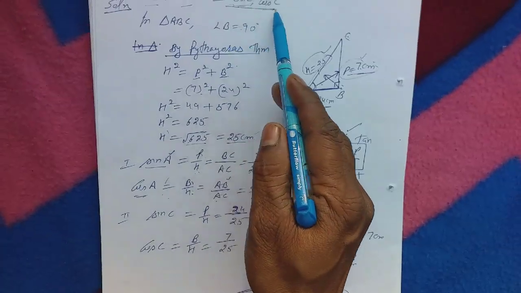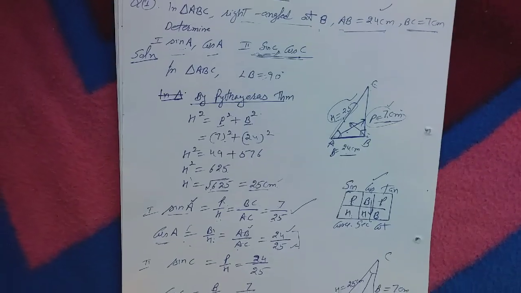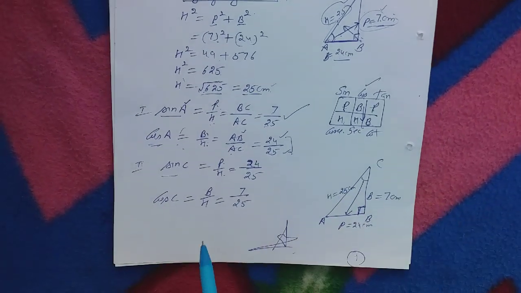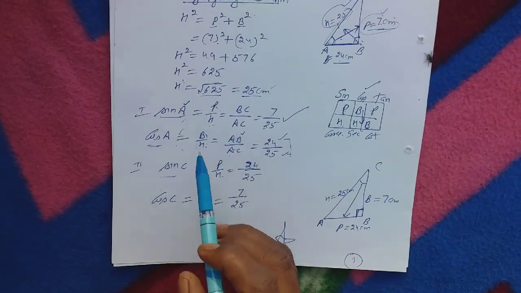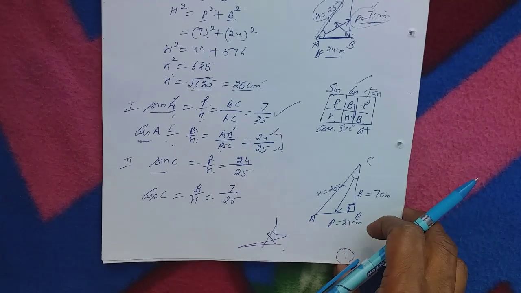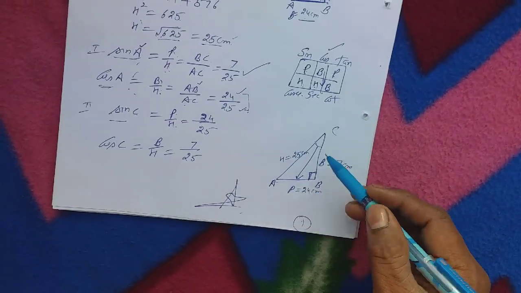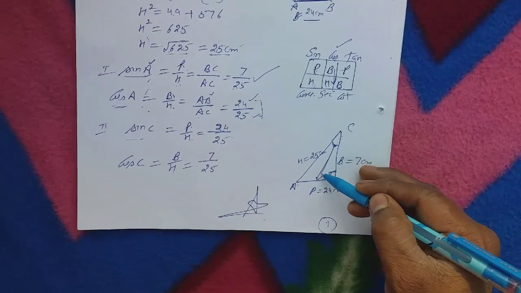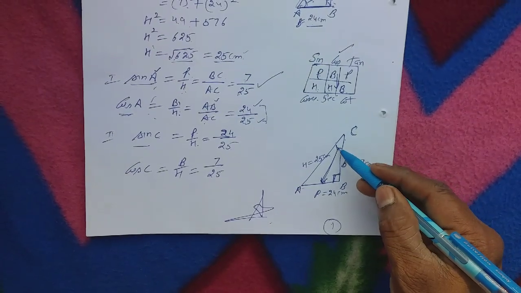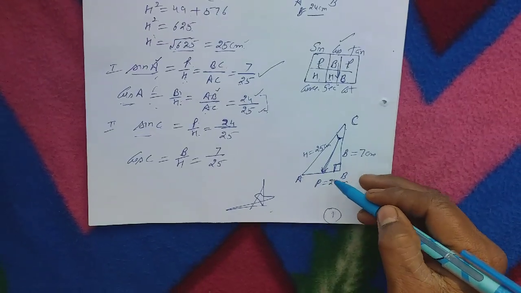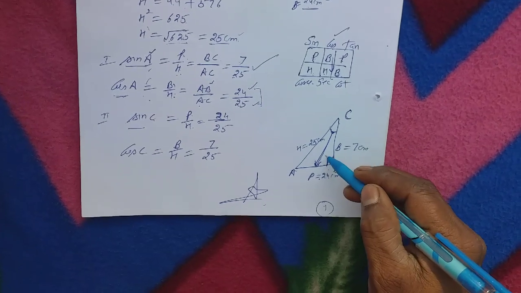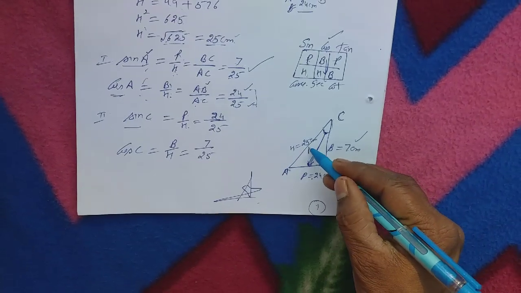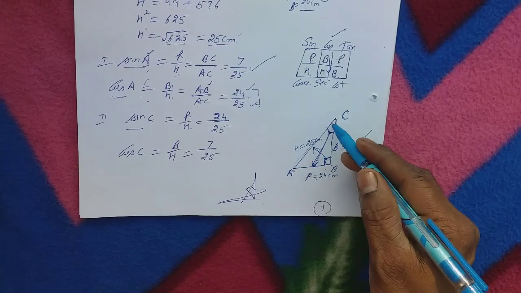In the next part, you will find sin C and cos C. So sin C is again P by H, but here the angle is changed. Here is angle A and here is C. So we will again draw a new triangle ABC in which our main angle is C. Opposite to C is side AB, so this side will be perpendicular and its adjacent side BC will now be base, and opposite to 90 degree is hypotenuse.